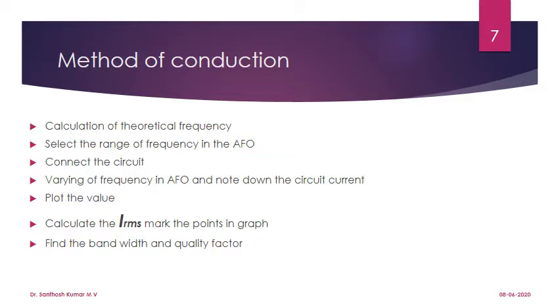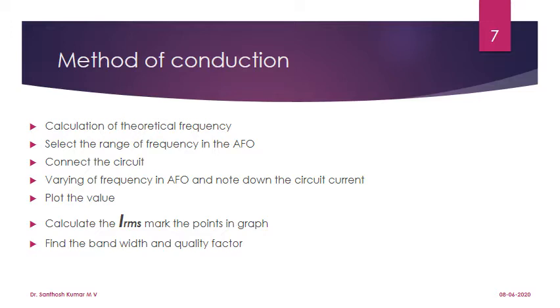Next is the method of conduction. First, we need to calculate the theoretical resonant frequency. Based on the theoretical resonant frequency, we need to select the range of frequency from the audio frequency oscillator. Then we connect the circuit by selecting suitable RLC values. After connecting the circuit, vary the frequency in the AFO, note down the corresponding current in the circuit, and later plot the graph.